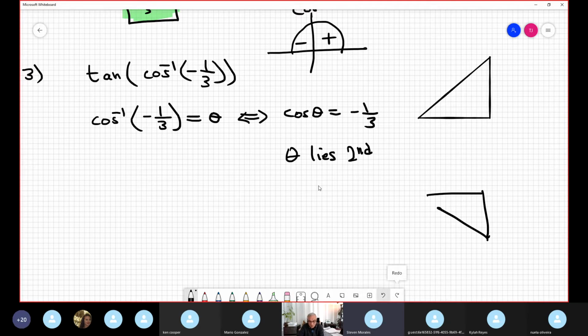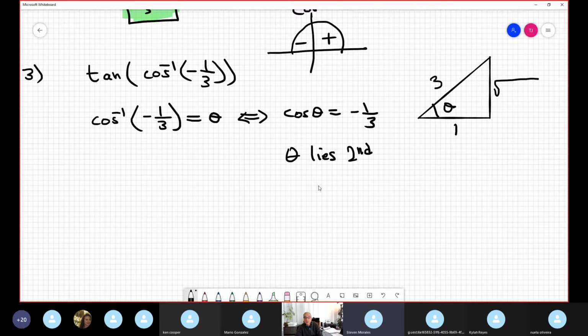This is the shape of my triangle. This is theta. And this is the ratio between adjacent, which is 1, and hypotenuse 3. Correct? And this is the square root of 9 minus 1.